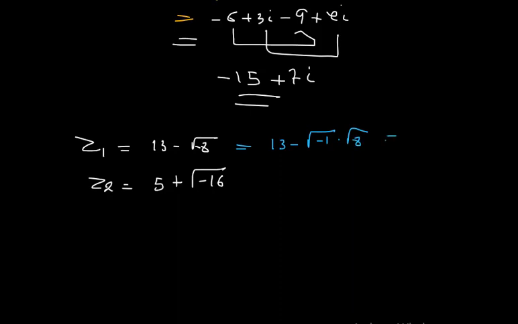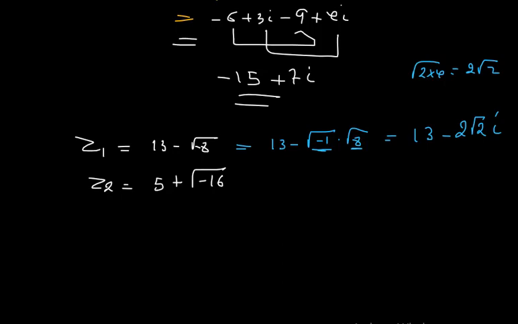The square root of 8 is the square root of 4 times 2, so the square root of 4 is 2 and comes out. So this is 13 minus, the square root of negative 1 is i, and the square root of 8 is 2 root 2, so 2 root 2 i.